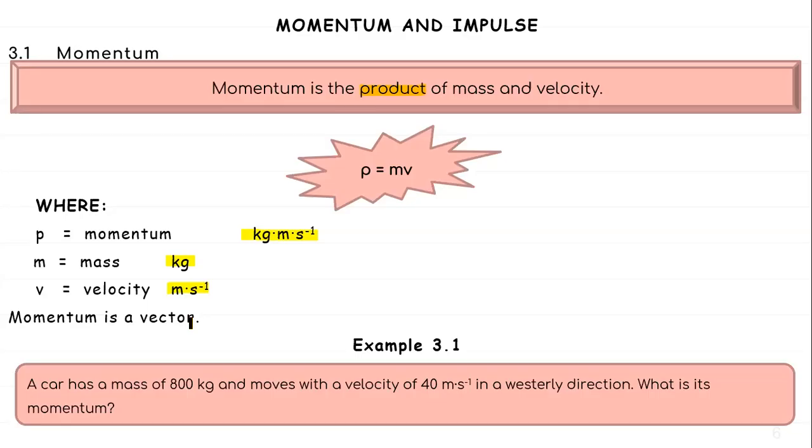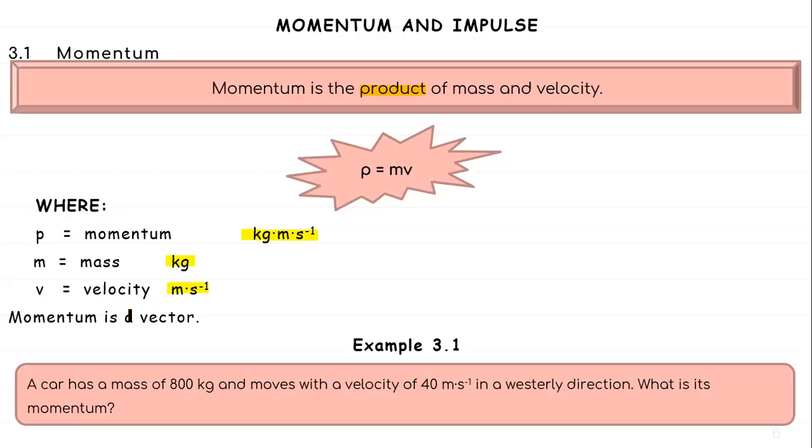Now, what do we mean when we say momentum is a vector quantity? It means it's a physical quantity that has both magnitude and direction. So when we ask you to calculate the momentum of an object, it means you need to give us both the magnitude as well as the direction.